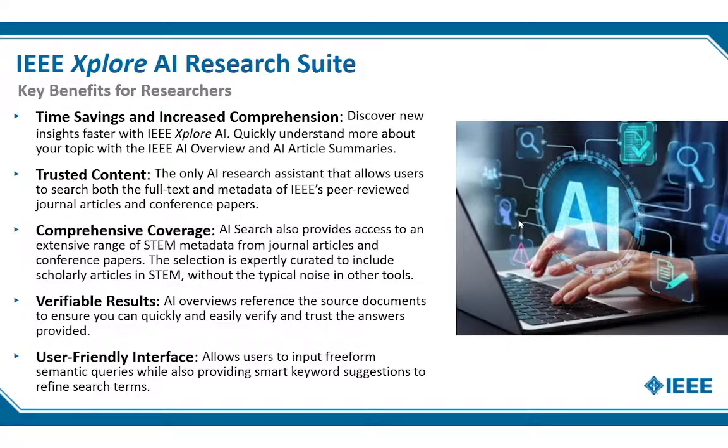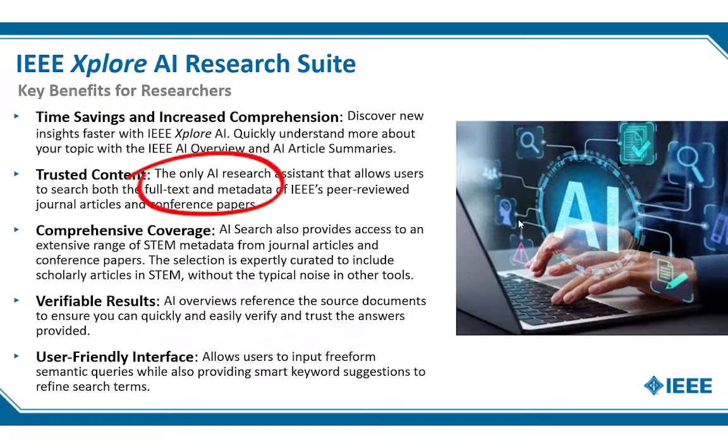We're also including some other selected STEM metadata from trusted publications, journals, and conferences, which are peer-reviewed articles. And all the results are verifiable. Whichever results you are getting from the AI research suite, the references are provided with direct links to the actual articles where the information and knowledge is being extracted.